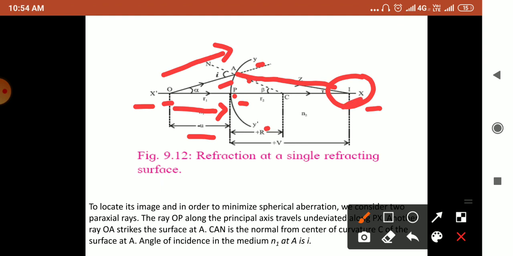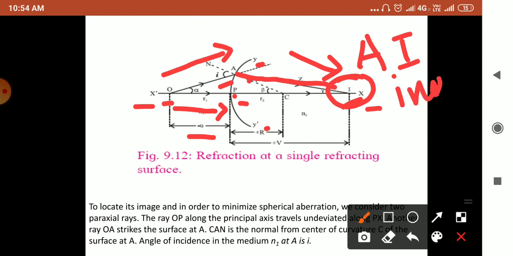So this second ray OA is refracting along AI. At I, it gives the image of that object O.